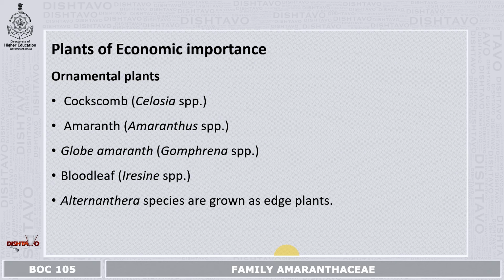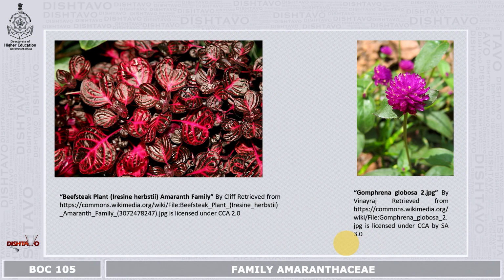The plant is referred to as blood leaf, and species of Alternanthera are grown as edge plants. Here on this slide, you all can see the ornamentally important plant of Iresine, and on the right hand side of the slide, you can see the flower of Gomphrena.